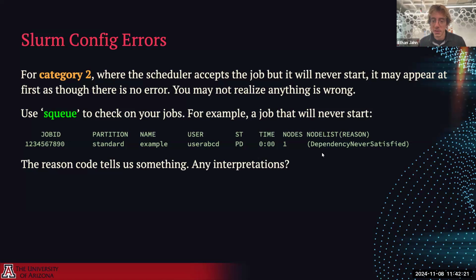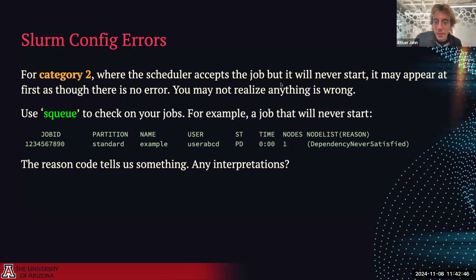So this reason code here says dependency never satisfied. What could that mean? What does it mean if a dependency is not satisfied? In the case of Slurm, dependency here means a job dependency, not necessarily a software dependency. So I could have another job.